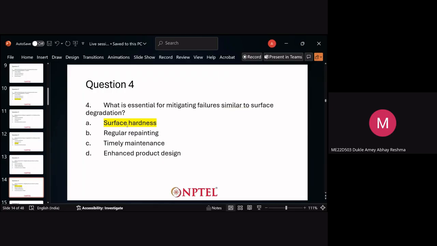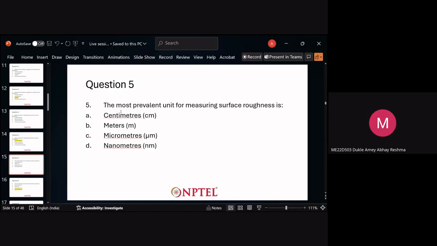So anything that can damage the surface due to mechanical action is avoided when the surface is hard enough. So the strategy that is essential for mitigating failures similar to surface degradation is enhancing the surface hardness. So yeah, this is one of the controversial questions.